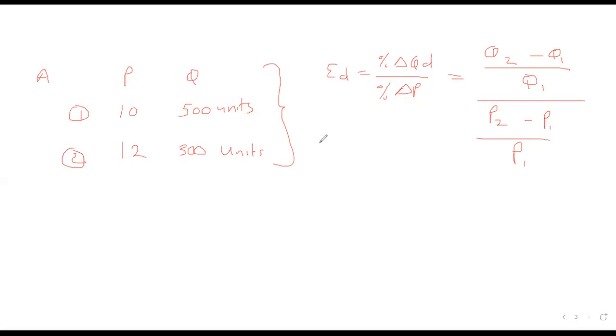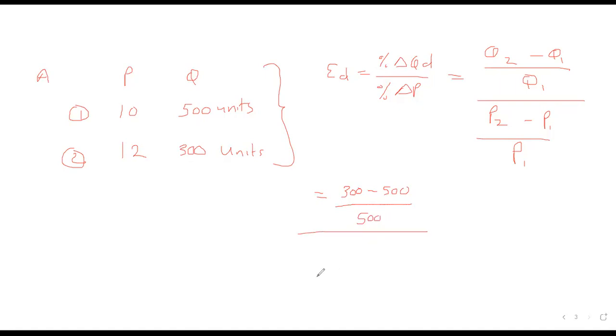Let's calculate the elasticity of demand using the variables. Who wants to try to help us? Here, our second quantity is 300 minus the original quantity, which was 500, divided by 500.